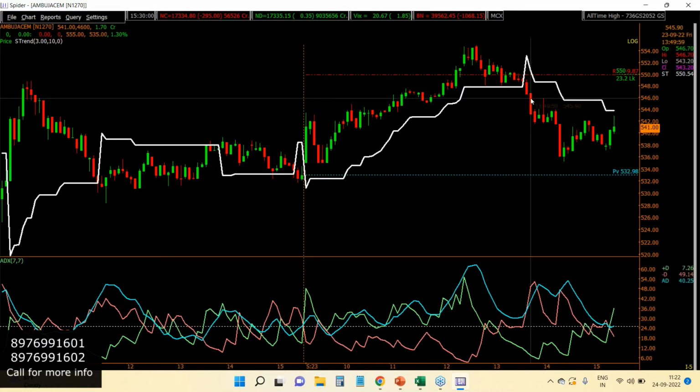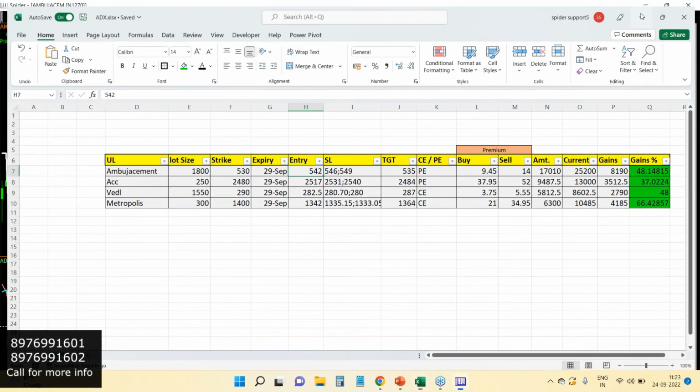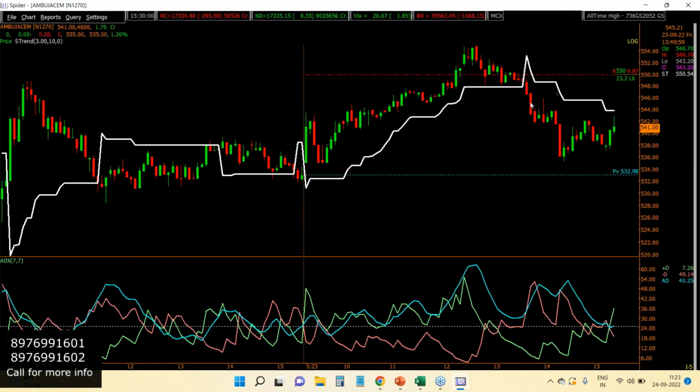If I open the Excel, see, the entry was at 542, around the closing only, 542 or 543. What will be your stop loss?